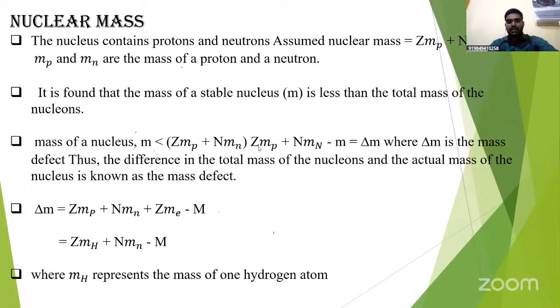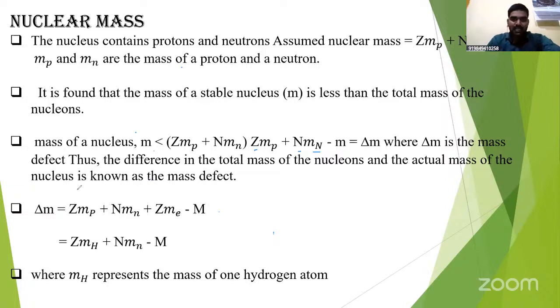Here ZMP is the number of protons into mass of proton, plus the number of neutrons into mass of neutrons, minus capital M. Here delta M is the mass defect.